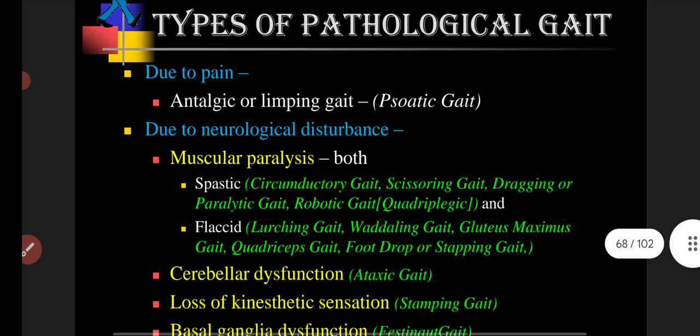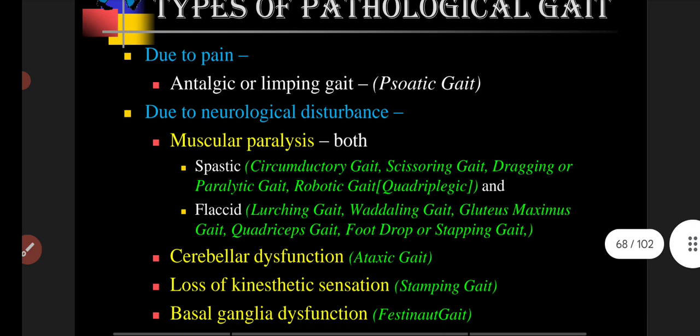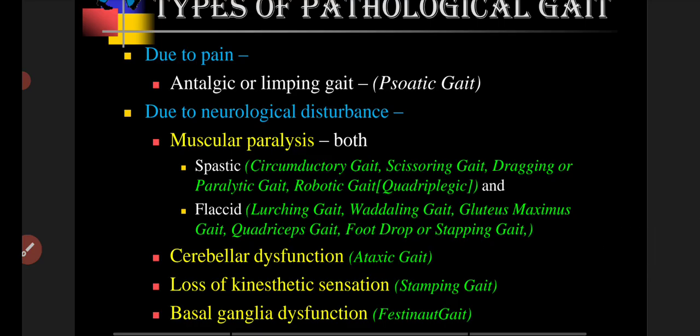Next is due to neurological disturbance or neurological causes. Under the subheading of neurological causes, number A is muscular paralysis of both limbs, which may be spastic gait.